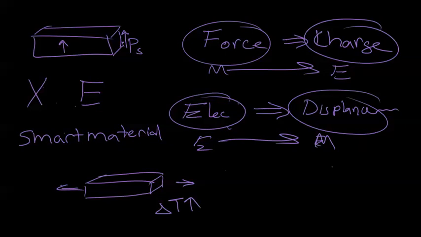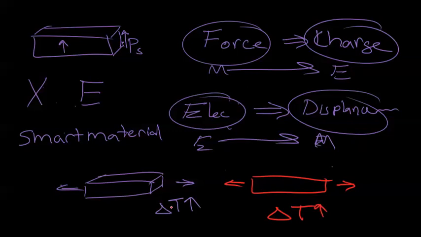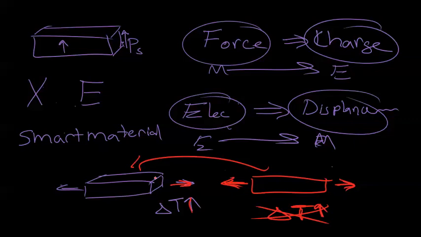But now instead, if you just pull on it, will the temperature increase? Will the opposite thing happen? In this case, we increase the temperature and then it expanded. And in this case, where we're pulling it, will the temperature increase? No. This is why it's not a smart material, because these material properties don't go both ways. It only goes one way.